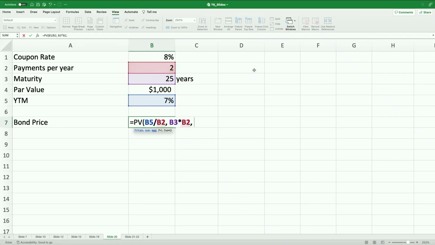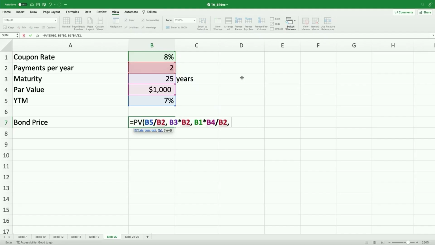What is the size of those coupon payments? Well, it's the coupon rate of 8% times the par value or face value of 1,000 divided by 2. Or maybe some of you just calculate that quickly. Okay, I know it's $40. But formulaically, that's how you would arrive at 40.